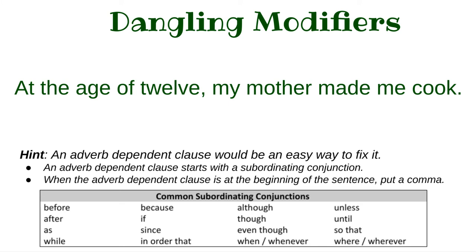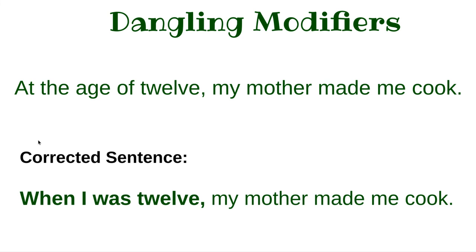So on this one, I think a good subordinating conjunction would maybe be while or when. So I could say, when I was 12, my mother made me cook. The adverb subordinate clause or adverb dependent clause is when I was 12. So when I was 12 clarifies the sentence here of who was 12.